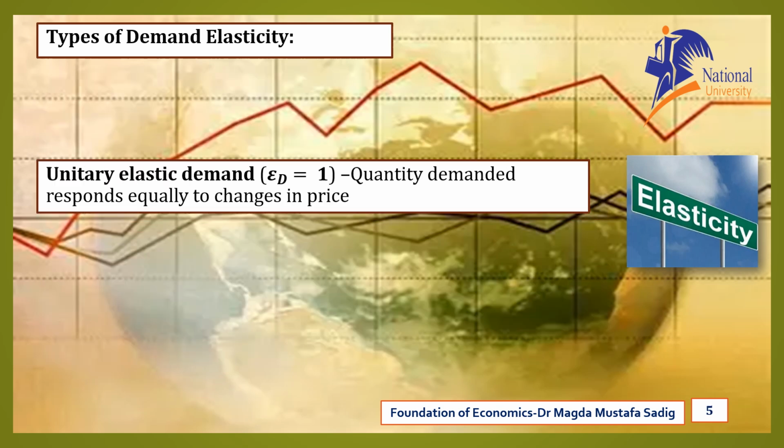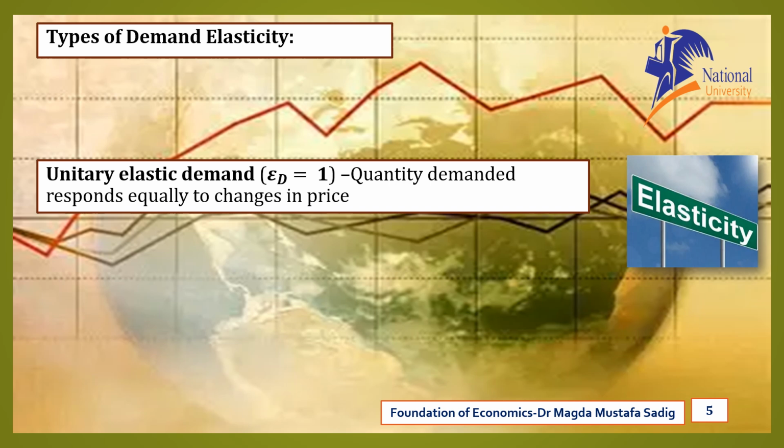We have also unitary elastic demand. In the unitary elastic demand, this is when a change in price causes an equal change in the quantity demanded. For example, if the price goes up by 10%, the quantity demanded goes down by 10%. So elasticity equal 1.